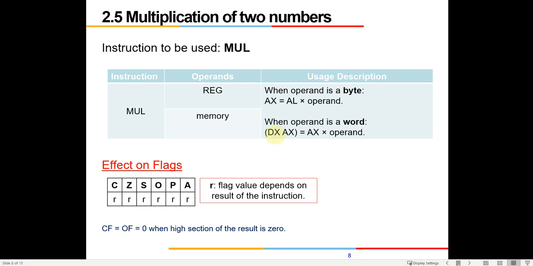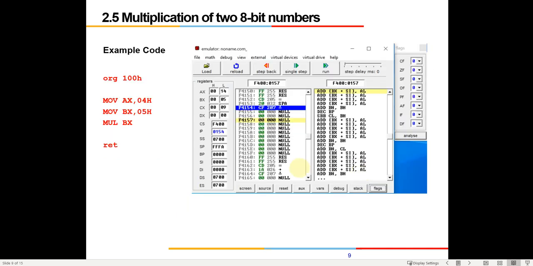So these two 16-bit registers together will form a 32-bit register, and DX will be the MSB 16 bits, and AX will be the LSB 16 bits. This will be the higher order 16 bits and the lower order 16 bits, and accordingly the flags will also get set. So this is the example code which is given.